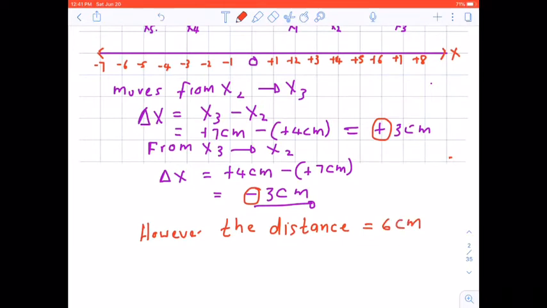So the distance is 6 centimeters, displacement is equal to 0, right? Because it's back at its original position.